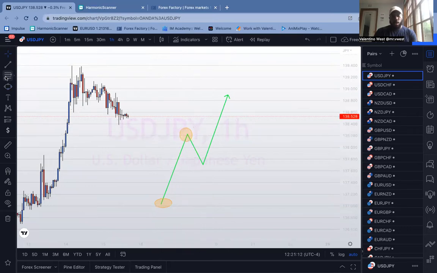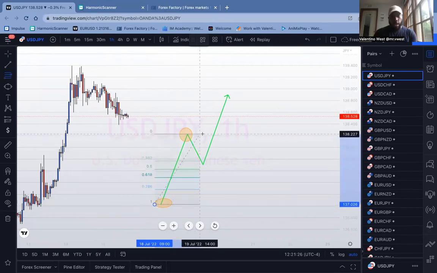This is where we put our fib, okay, which is short for Fibonacci. If we're in an uptrend and we're looking for a buy, we fib from low to high.